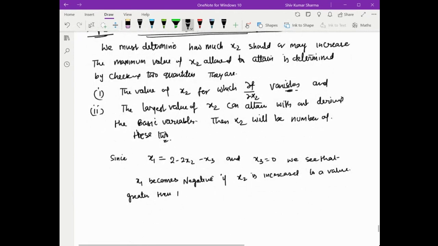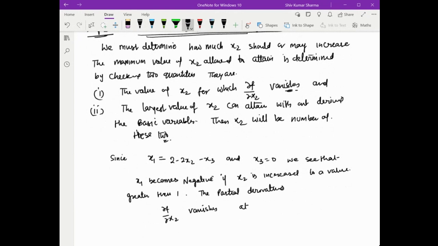So we determine the partial derivative del f upon del x2 vanishes at x2.